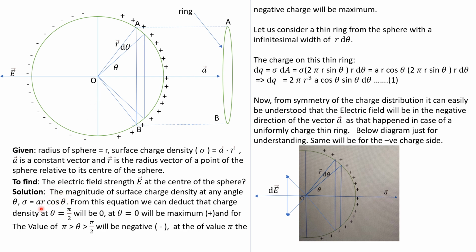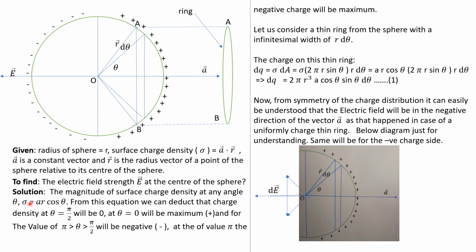The minus sign signifies that it has a negative charge on this side. For theta equal to pi by 2, cos theta will be 0, so the charge density will be 0. So there is no charge at pi by 2.